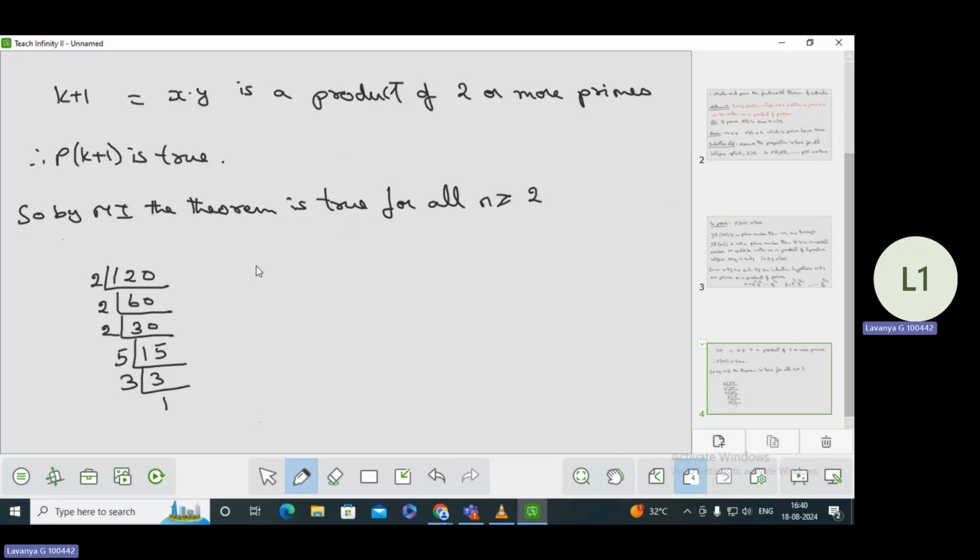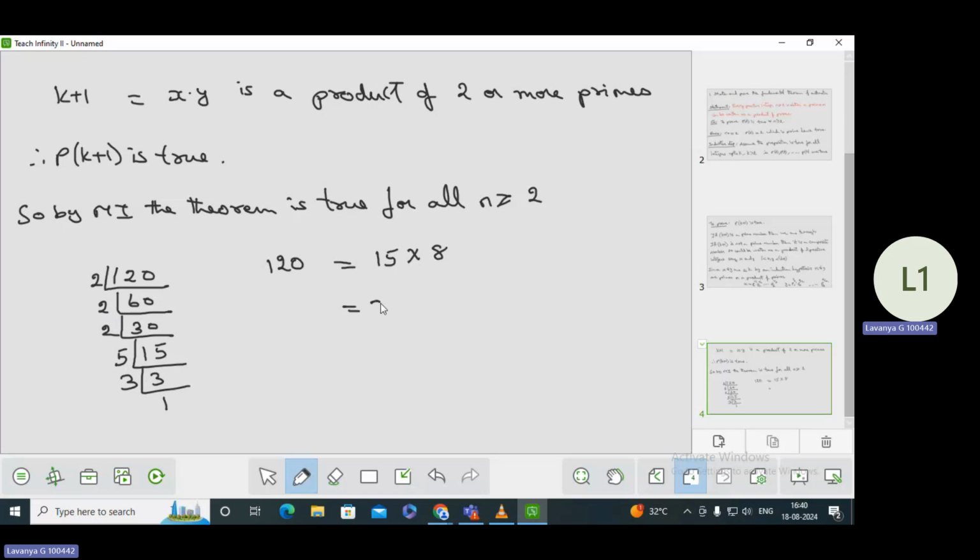Now, in general, consider this 120. I have to write it as a product. How can I write this as a product? 5 will go in this 3 times, so I can write this as 15 into 8.